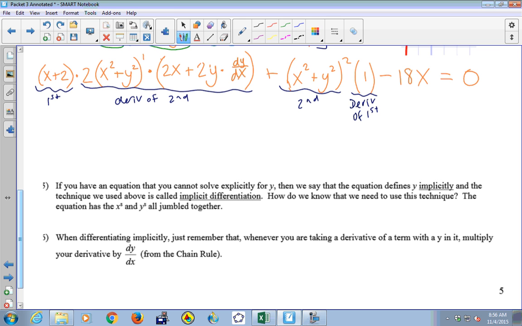Okay, so replace x with -1: -1 plus 2 times 2 times, x squared is -1 squared, y squared is 1 squared.